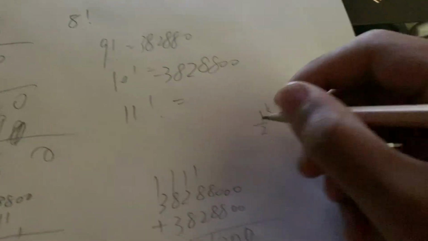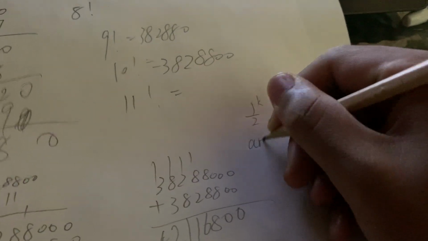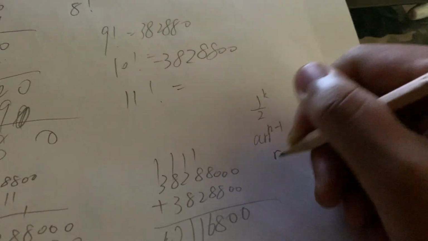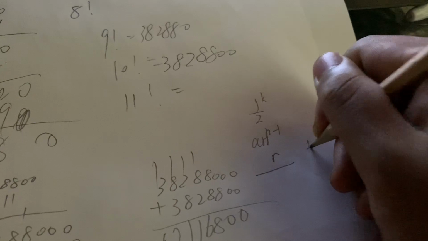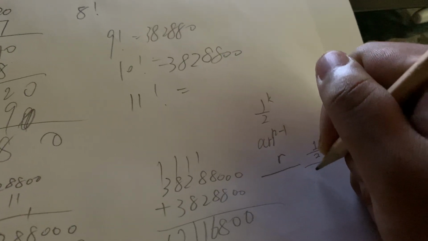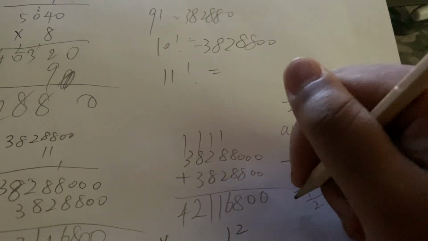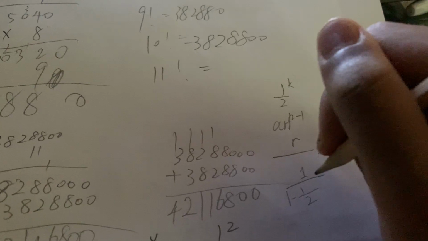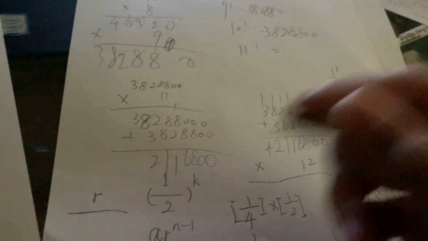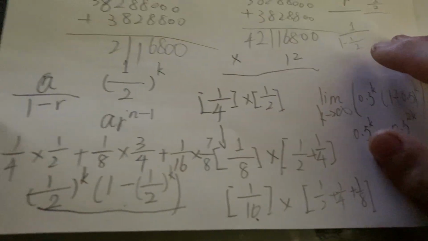A divided by 1 minus r. So let's try to form it in the shape of this.